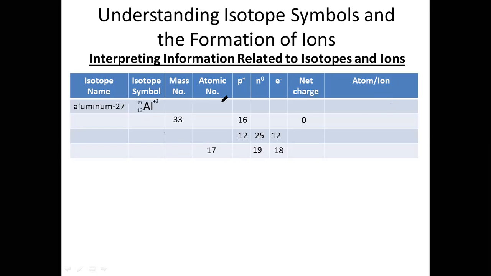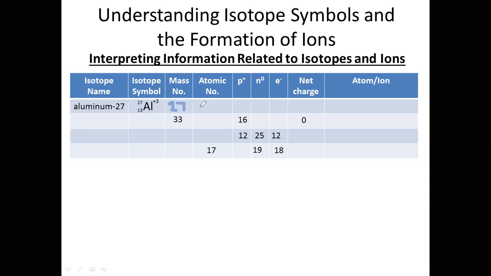The idea is to be able to fill in that missing information from the context that you've been provided. So we know we have aluminum. Well, we were given some information about aluminum. If we look at the symbol and the name, the name tells us which version of aluminum this is. So we know that this is the version of aluminum with a mass number of 27.